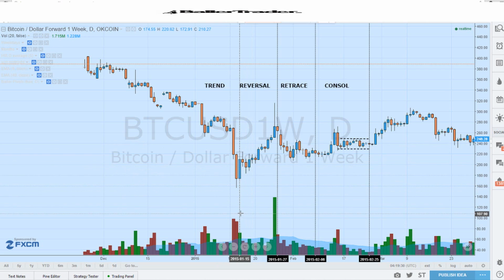And the only people that can create the highest amount of volume and the most volatile environments is when heavy money is being thrown around. So you can see that on this day, price went from 173 to 220, which is almost 50 bucks.